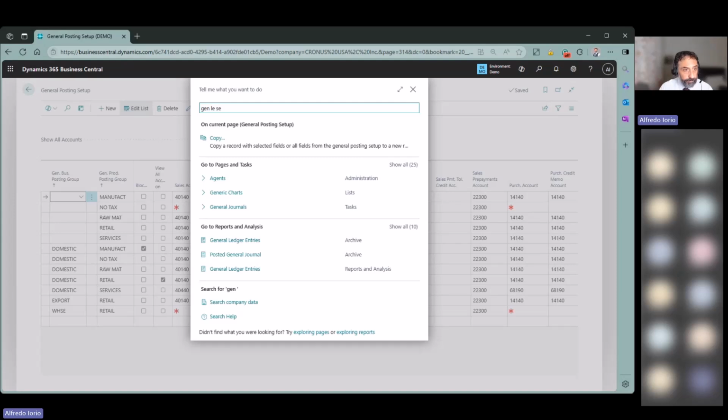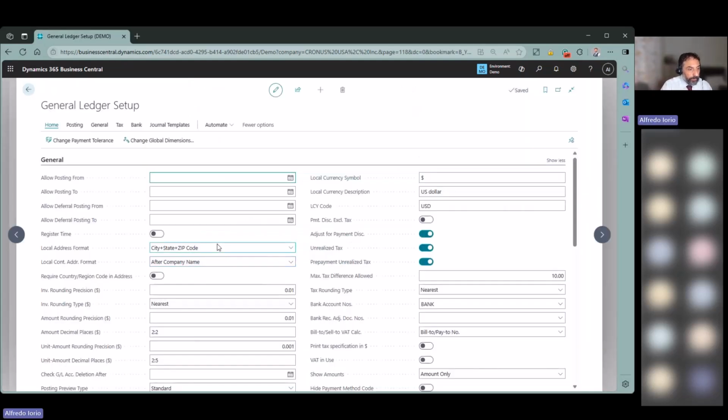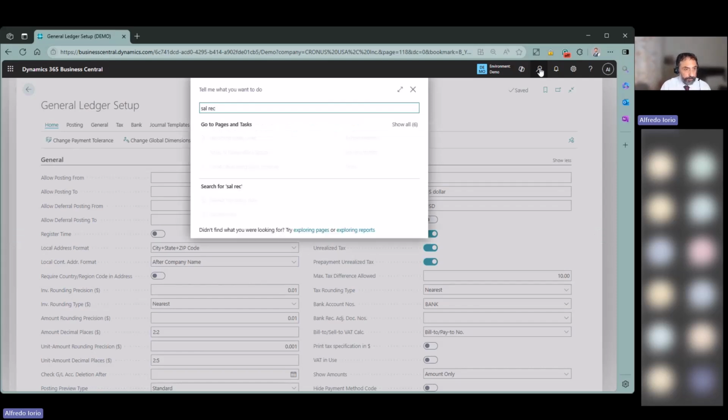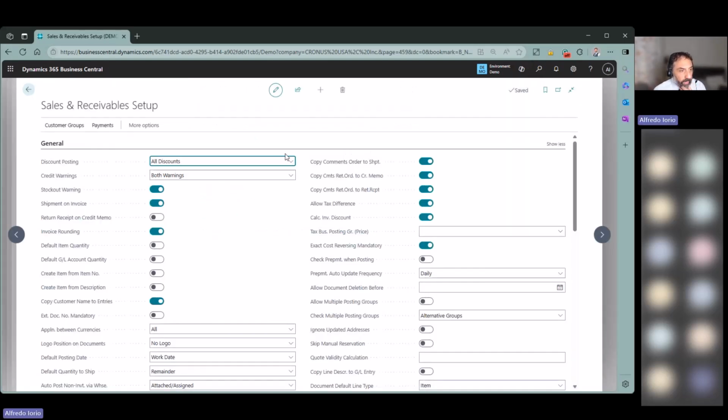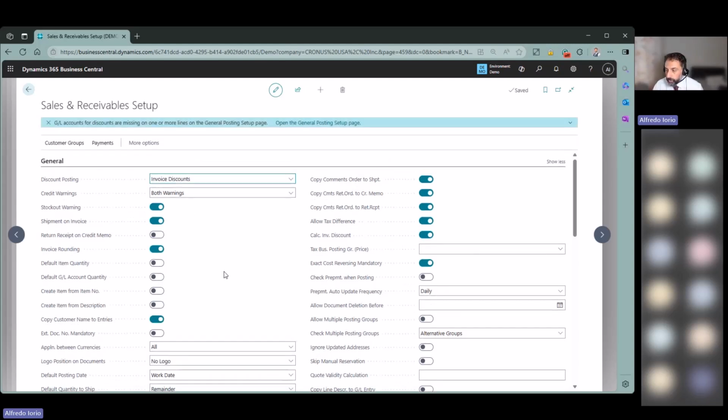ledger setup you enable in invoice posting. Oops, sorry, my mistake. I think it was sales and receivables setup. There we go. So if you enable all discounts, you need to set the discount accounts. If you only enable the invoice discount, the line discount will not be used, so you don't need it.